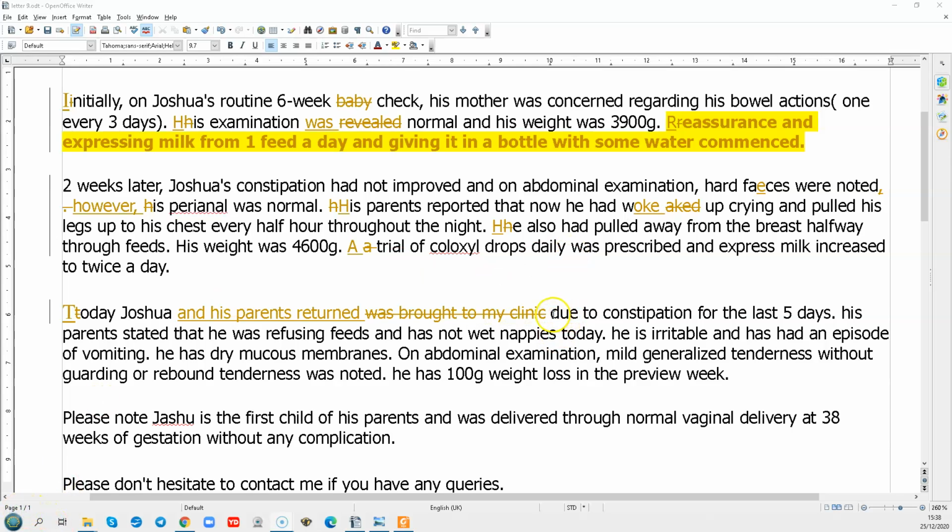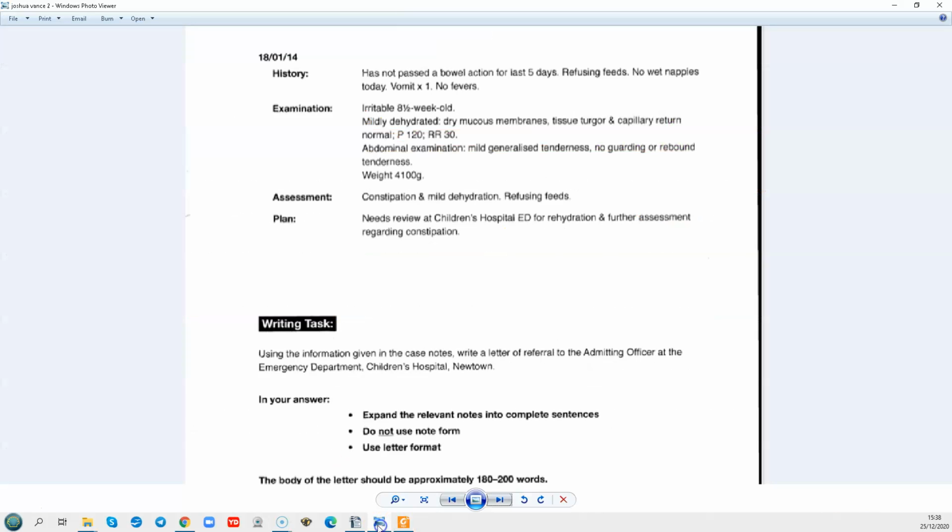Now, he wasn't brought due to constipation. He was brought in because he's still not so good, and he has been constipated. So that's not quite the same as due to the cause. He was brought in any case, and you found out that he had not had a bowel action for the last 5 days.